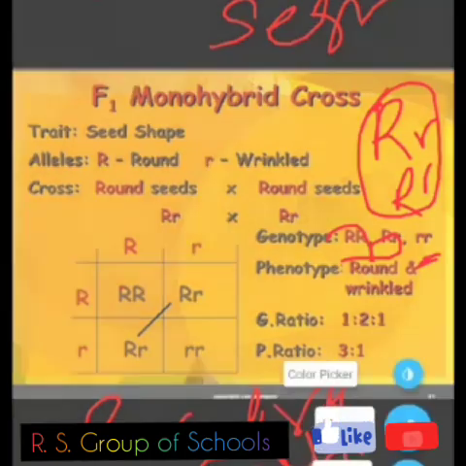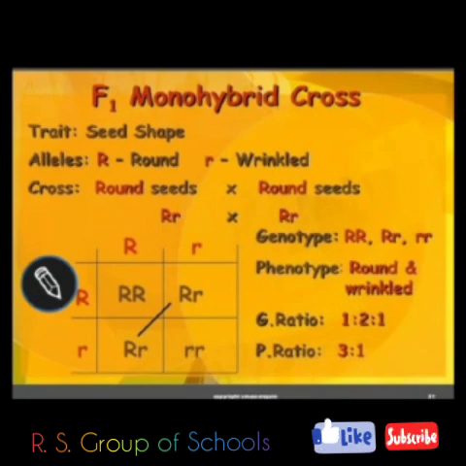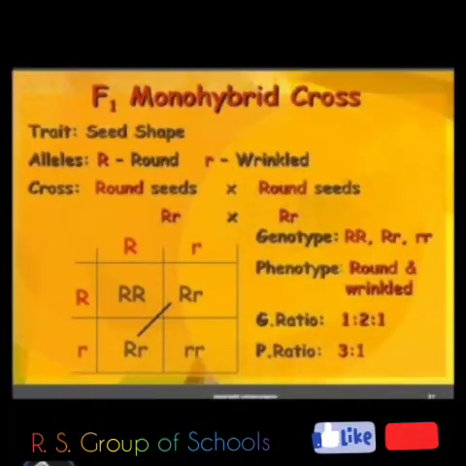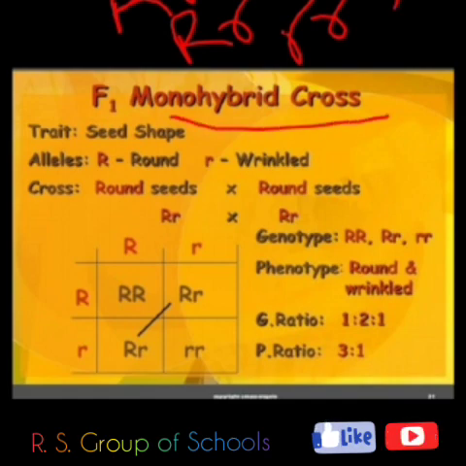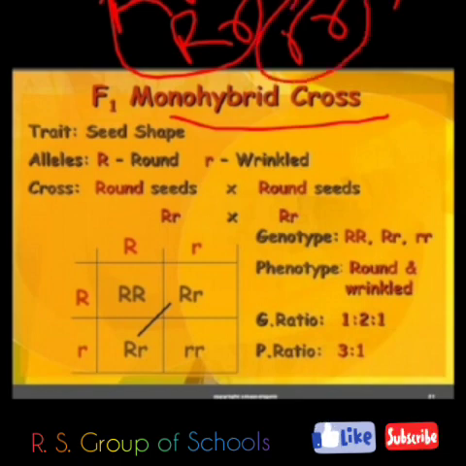After self-pollination, the gametes separate into capital R and small r, and this ratio comes out of the monohybrid cross. This is a pure plant, and these are hybrid plants because the dwarf character is covered by the tall character, and this one is a pure dwarf plant.